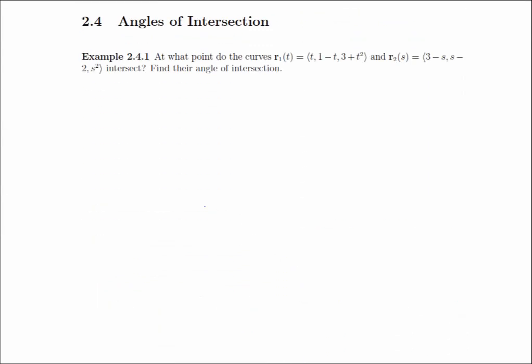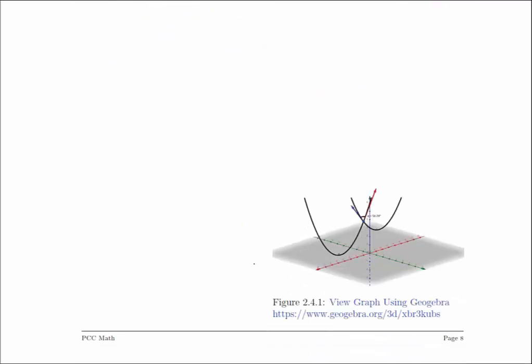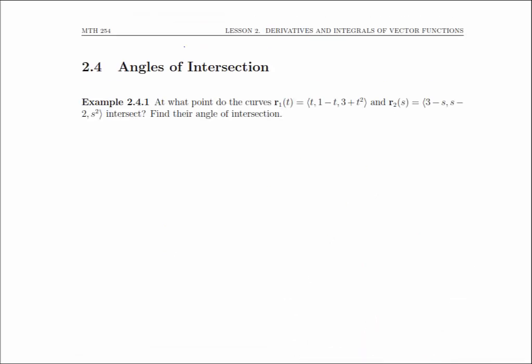So now we want to look at angles of intersection. I've actually put the graph into the picture here so we can see what we want to do. If I have these two curves, I want to know where they intersect, and then I want to find their angle of intersection.